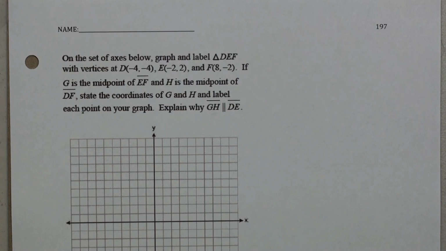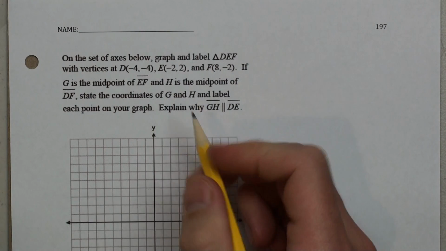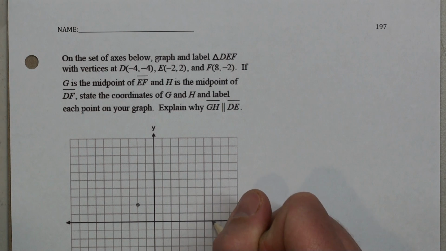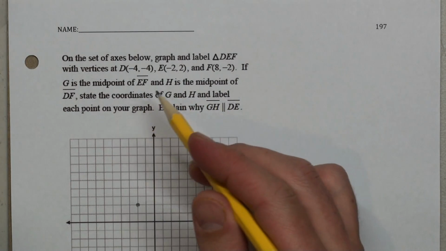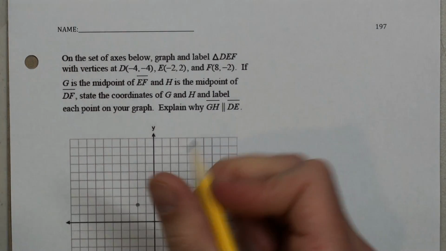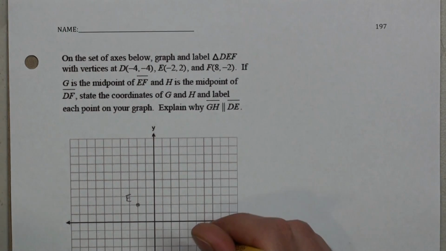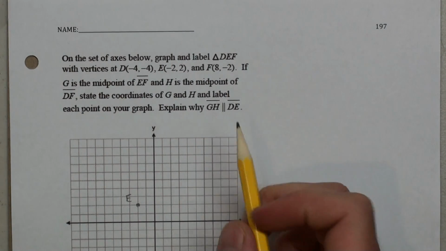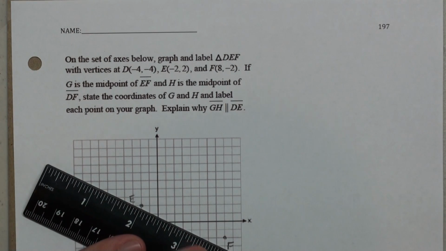197. D is right here. E is here. F is here. Alright, if G is the midpoint of EF, let me label these: D, E, and F. So let me just draw my line for EF here.